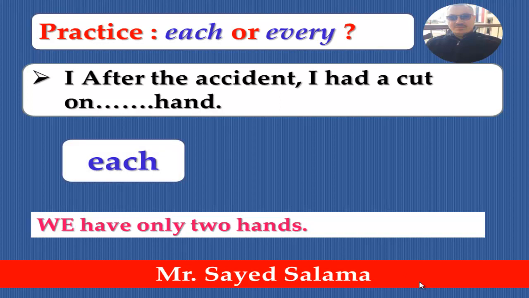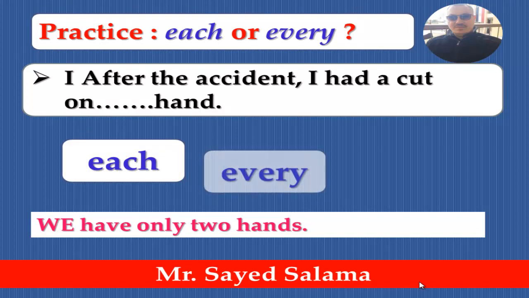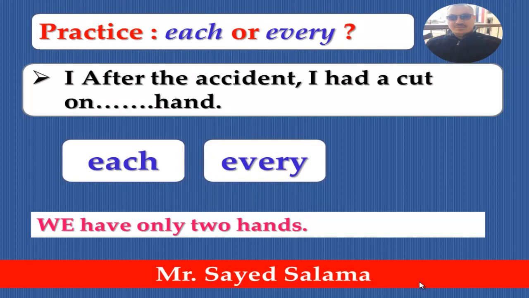After the accident I had a cut on every hand. Remember that we have only two hands. Yes, the correct answer is each hand. So after the accident I had a cut on each hand.